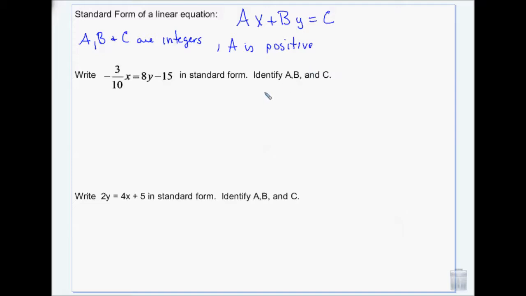So if we want to turn this into standard form, the first thing I want to do is get rid of the fraction. In order to do that, I multiply by the denominator. So I'm going to multiply this whole thing by 10, and that's going to give me negative 3x is equal to 80y minus 150.